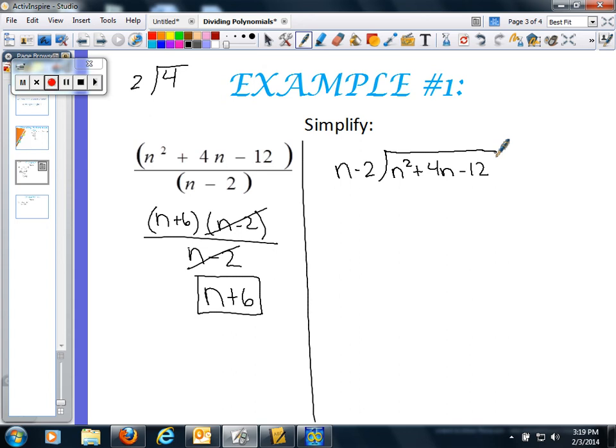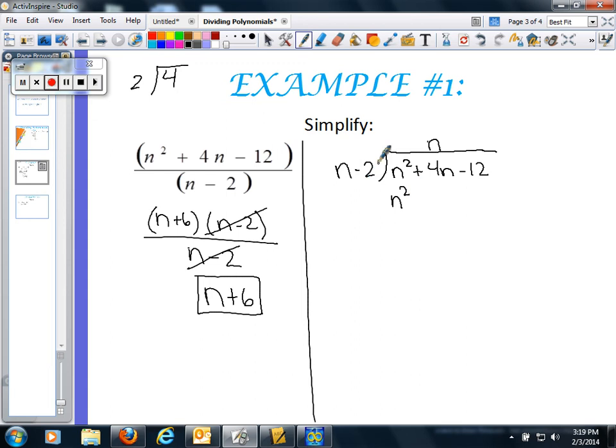Now this is how you do long division with polynomials. When we're looking for the factor, the number that goes up here, we're only looking at this variable here. So I need to multiply n by what to get n squared? Well, that would be n. N times n is n squared.